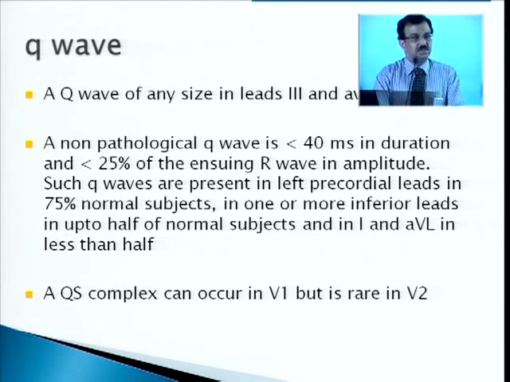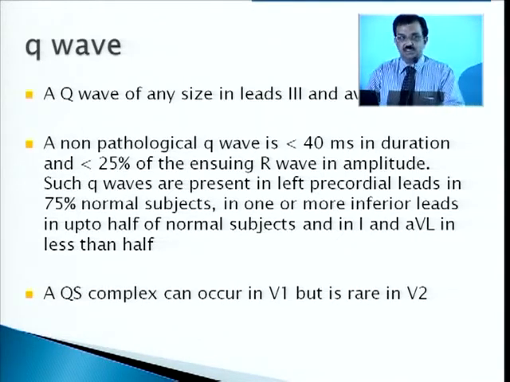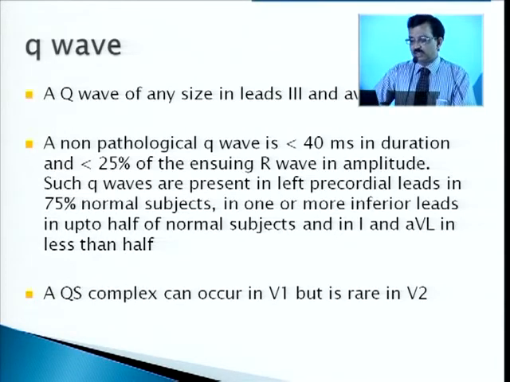A non-pathological Q wave should be less than 40 milliseconds in duration and less than 25% of the height of the ensuing R wave. If the Q wave is more than one-quarter the amplitude of the R wave, then it is pathological; otherwise it is a physiological Q wave.